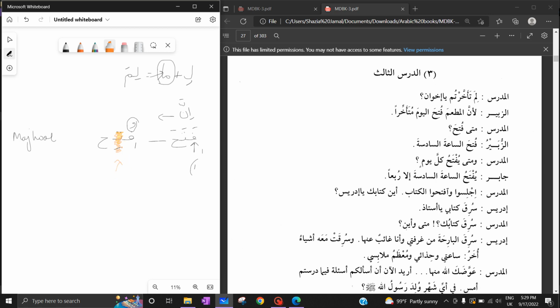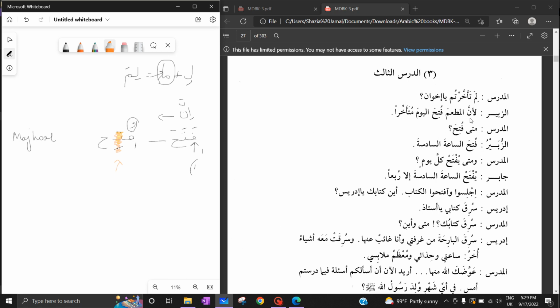So this is the rule for how you make a past tense into majhul. First you put a dhamma on the first letter, and the second last gets a kasra. That is the rule to make a past tense into majhul.